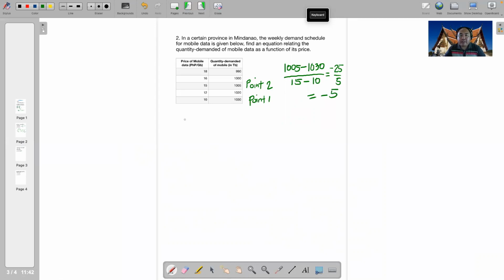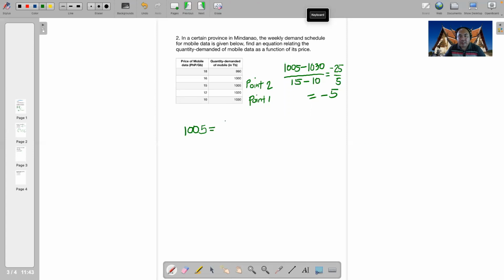Now that we have that, we choose one point of the many here provided. Let's choose point 2. Okay, so you have when price is 15 pesos, the quantity demanded is 1005.